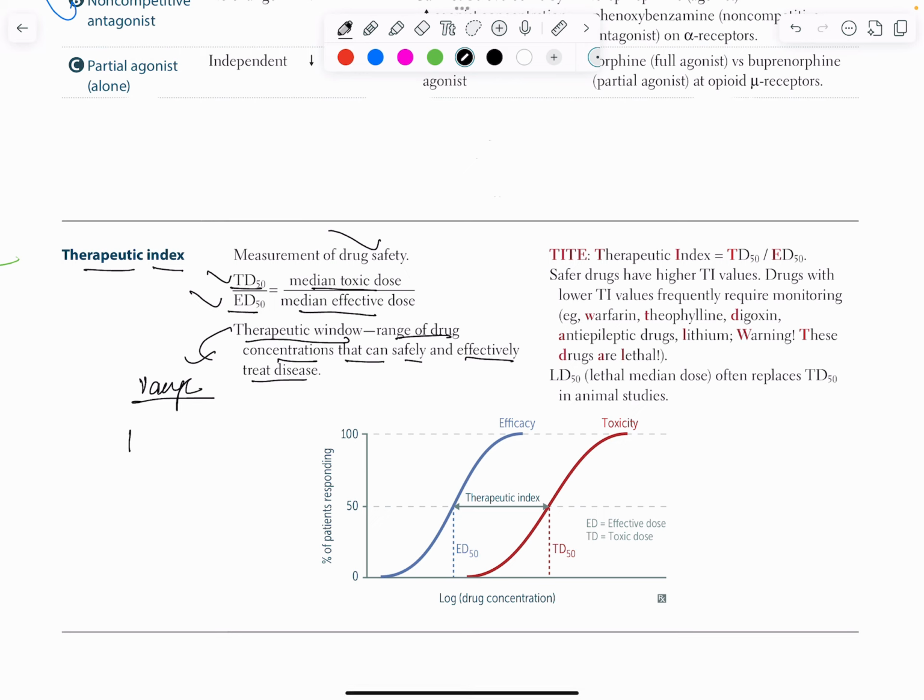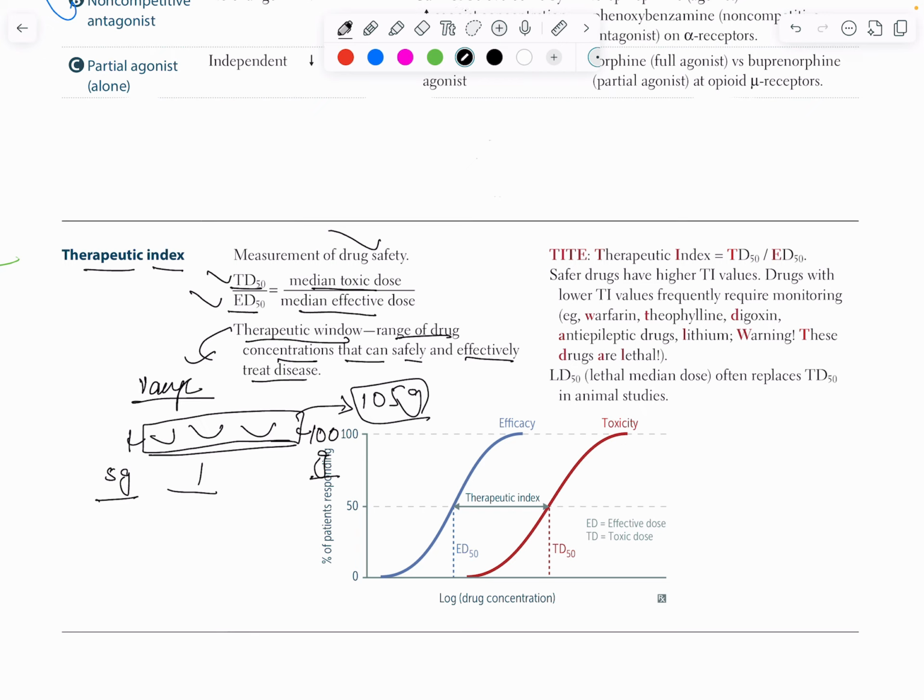For example, this is 5 grams and this is 100 grams. From 5 grams to 100 grams is the range. If I give the patient paracetamol from, for example, 5 grams to 100 grams, it will be safe for the patient. But if I give more than 100 grams, about 105 grams, it will give a toxic effect and show symptoms of the drug's side effects. This is called the therapeutic window.